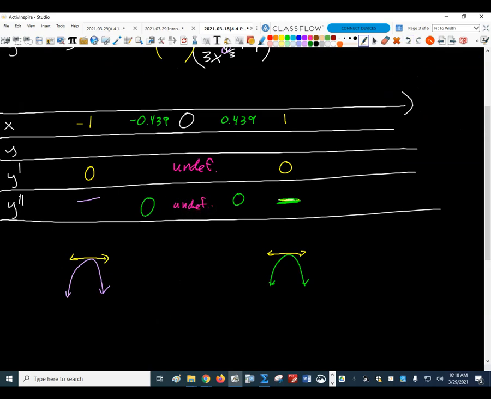Second derivative test fails, so what do I have to resort to then? First derivative, okay? So I need some test values, don't I? Well, I could use those values if I wanted to, right? I've already got them on my table. Those are kind of awkward ones to use, but that's all right.